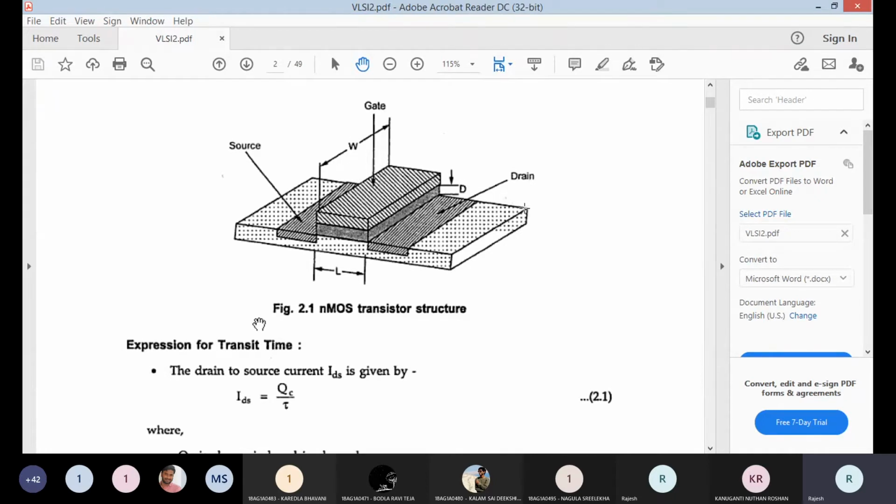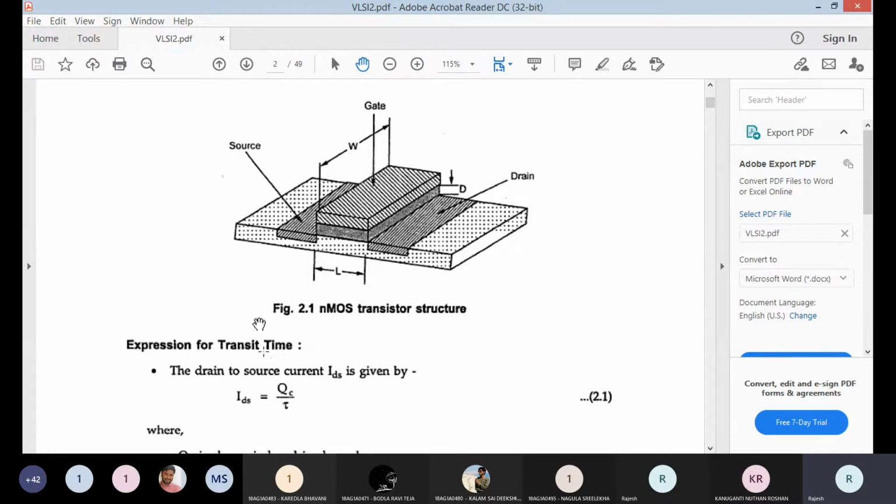capital D for drain. So how do we define the current? Current is nothing but the number of carriers moving per unit time. Here it is called transit time. The transit time is the time for electrons moving from source to drain. But we represent IDS as the whole current because as electrons move from source to drain, corresponding holes are moving from drain to source.